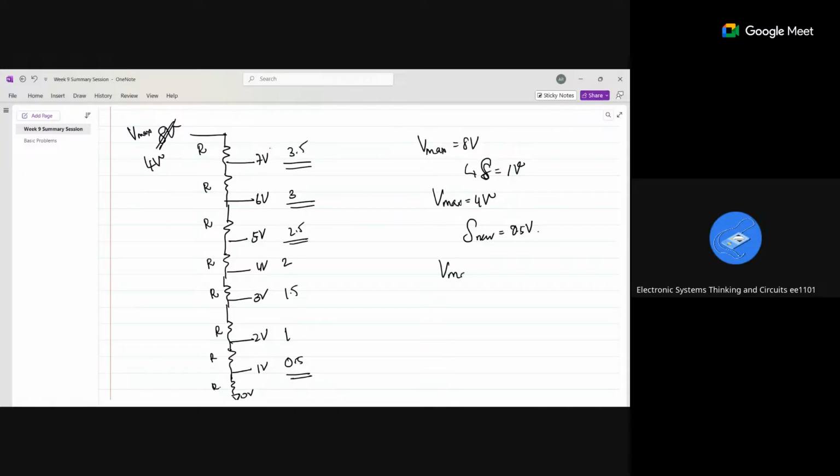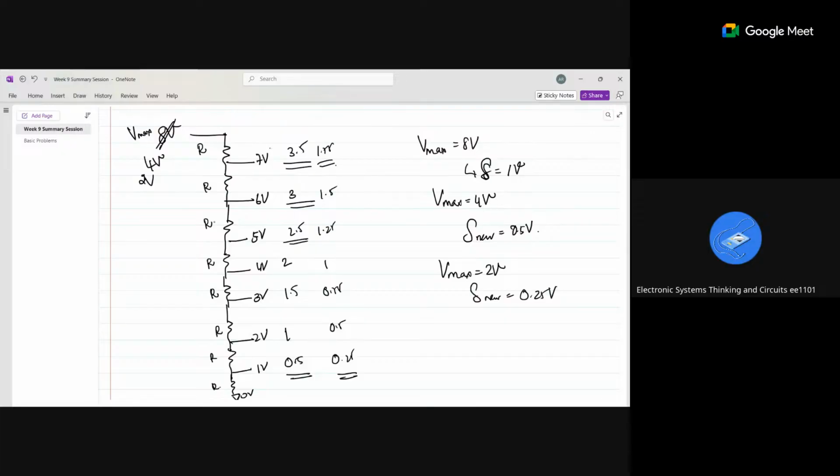Again, what if my Vmax is 2 volts? What will my new delta value be? 0.25, right? So again my delta is decreasing. It will be 0.25, 0.5, 0.75, 1, 1.25, 1.5, 1.75.